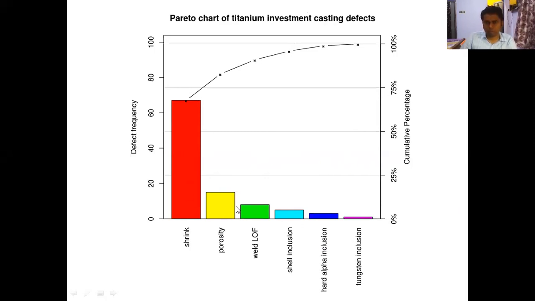So you will see that almost 80% of the defects are because of these 20% of the types of defects. So 80% of the defects are due to 20% of the factors which are actually causing the defects. So this is the ultimate thing.